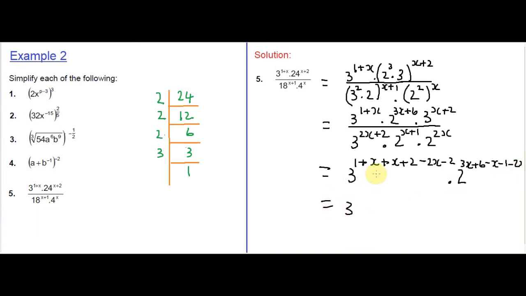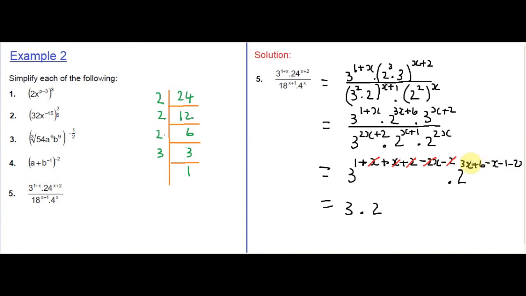Let's simplify this. Of course, here the 2's will cancel. We have x plus x is 2x minus 2x. So the x's also cancel. And we're left with 3 to the 1, or just 3. Then the powers of x, we have 3x minus x is 2x.